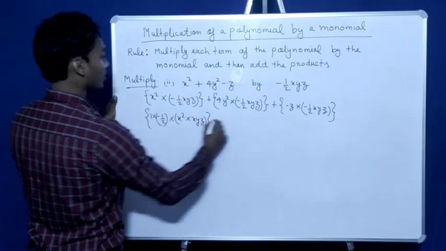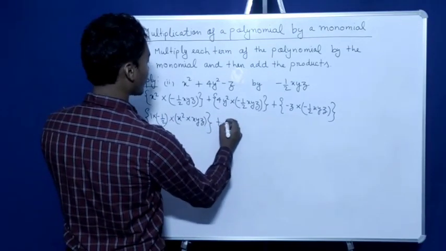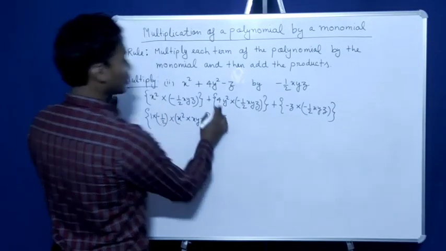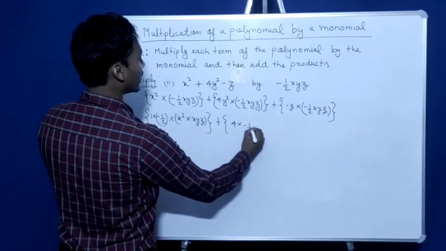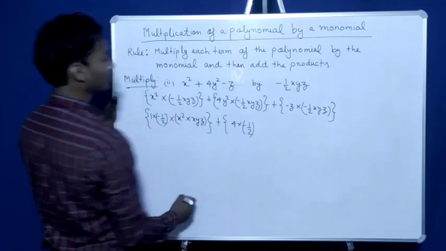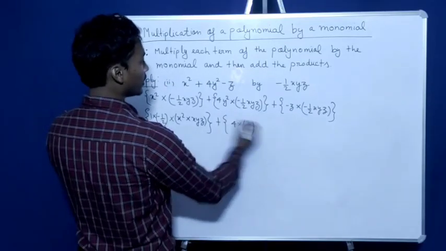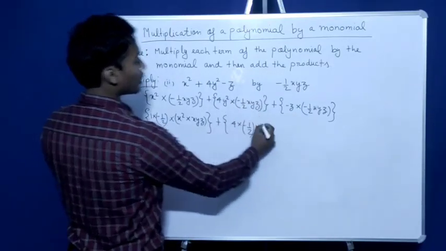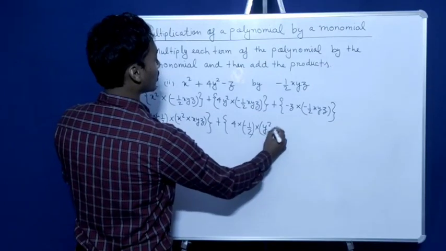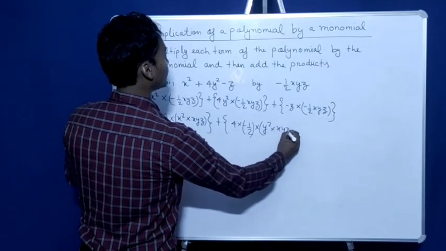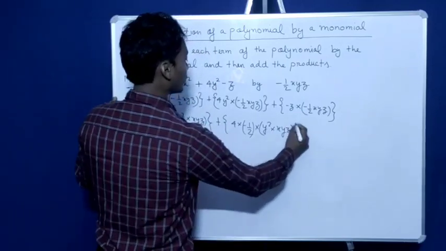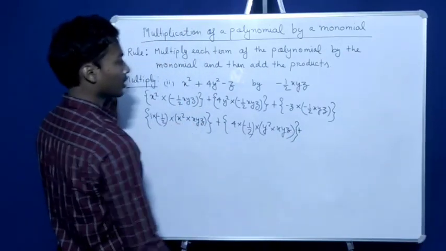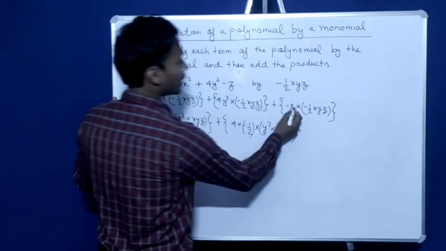So plus the numerical coefficient 4 multiplied by negative 1 by 2, right? Then the variable coefficient, that is y square times xyz, plus we have negative z here.